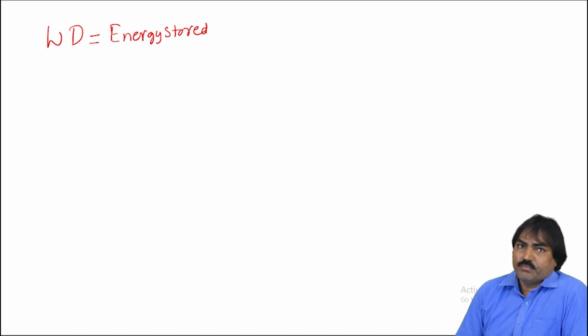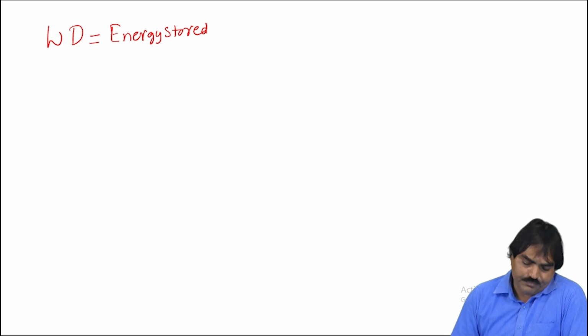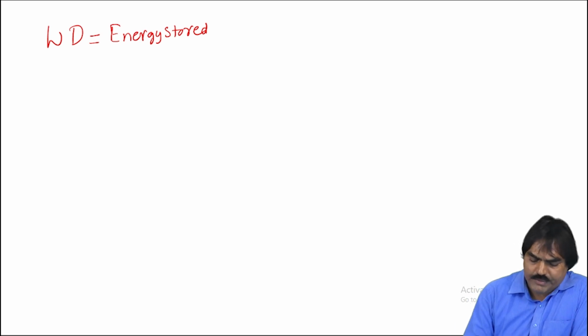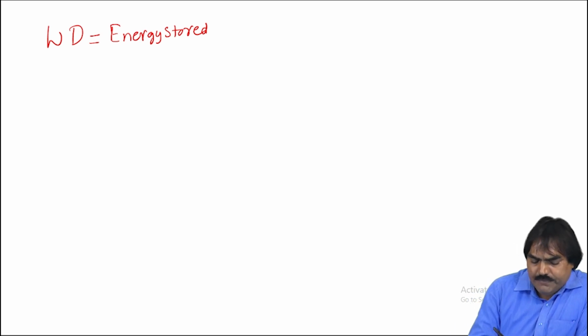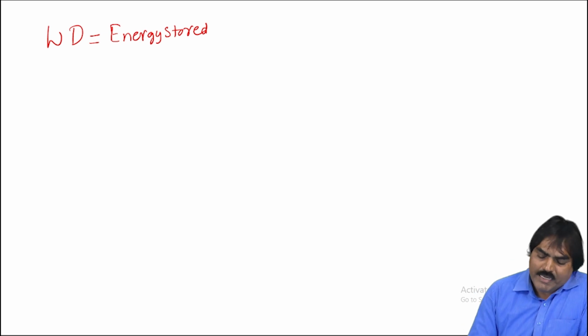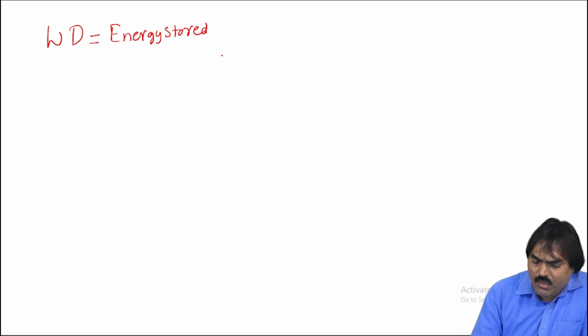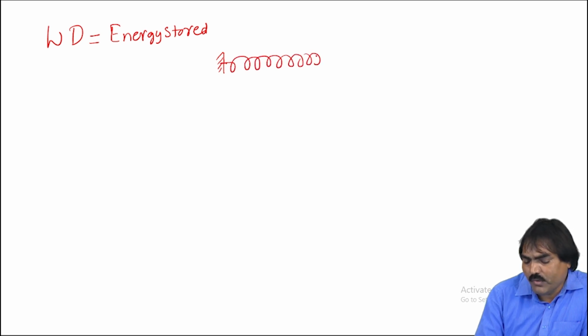These methods can be used to find the displacements or slopes. Let us see first how to find the energy stored. Let us take a simple spring analogy which everybody knows.